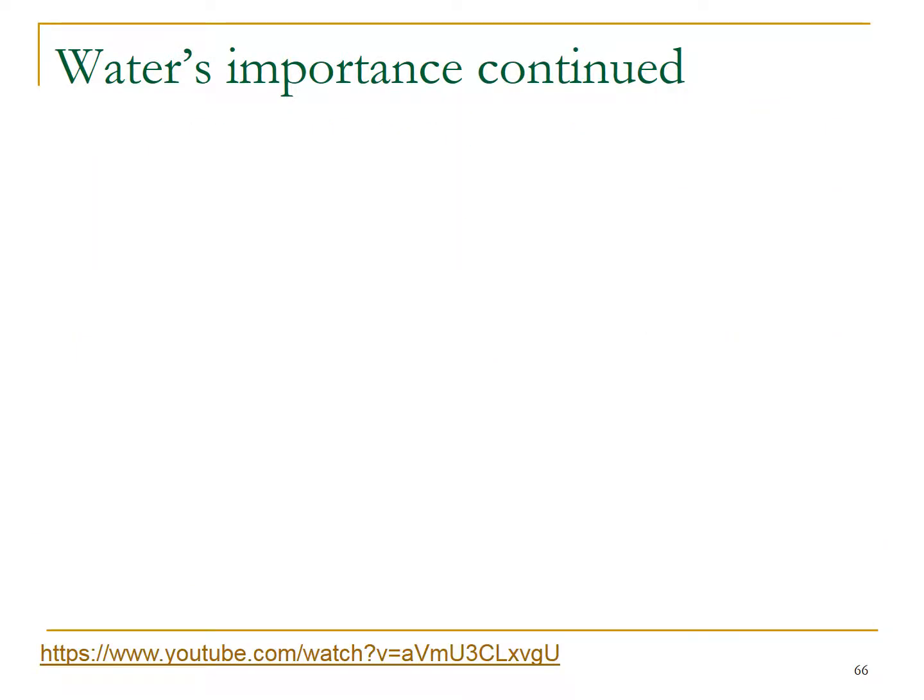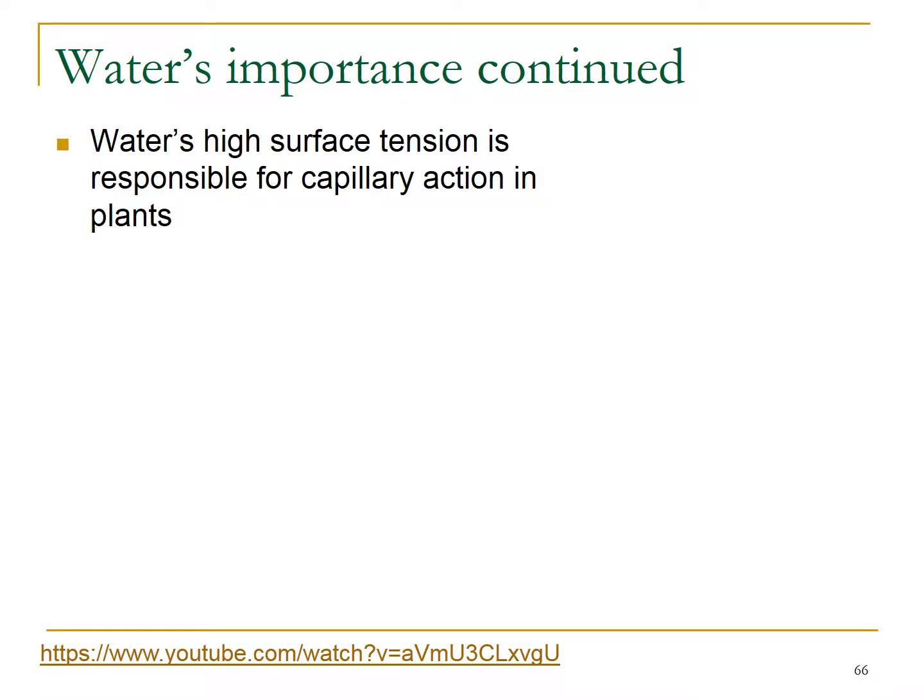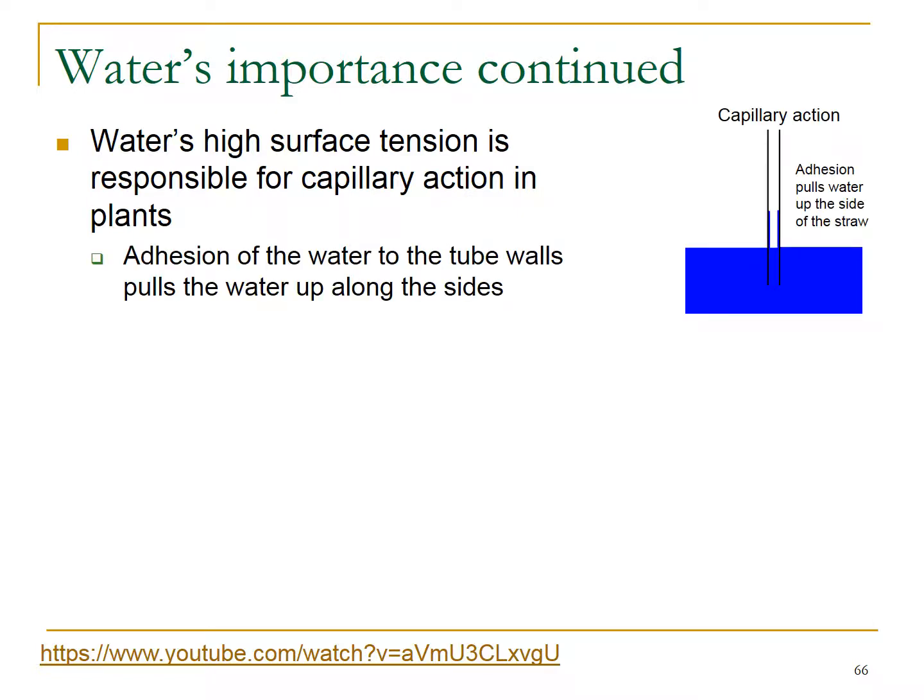So what are some other important things about water? The high surface tension of water and the cohesiveness of water is responsible for capillary action in plants. Because of the adhesion, the water is attracted to the sides of the straw, for example. That's also the meniscus in a pipette or a burette.